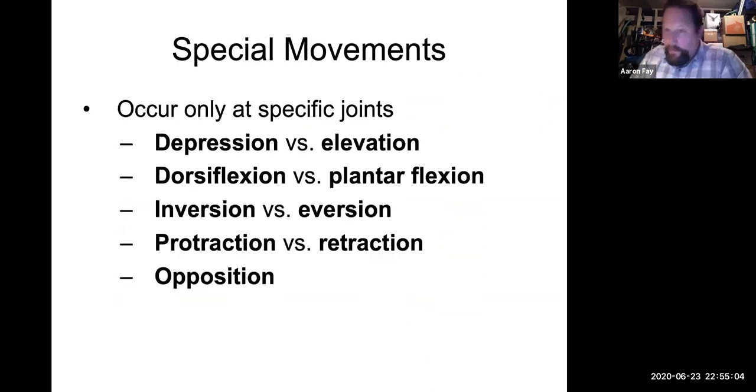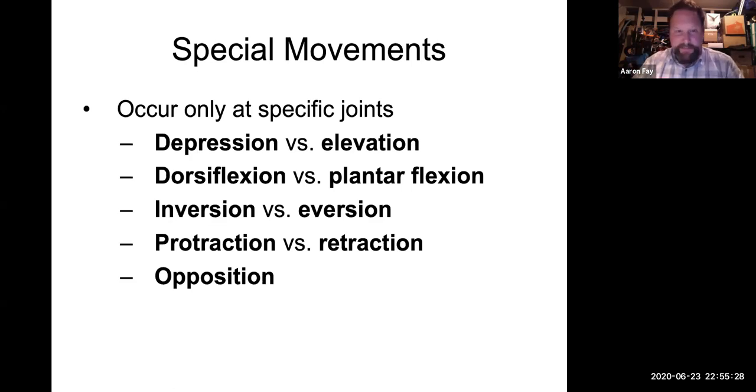Special movements. Only certain bones are going to be doing this. Depression and elevation. Your scapular elevation, perhaps the sound of my voice causes scapular elevation. You just need to take a minute, relax, breathe, and depress your scapula. Dorsiflexion, plantar flexion. These are special movements of the foot.